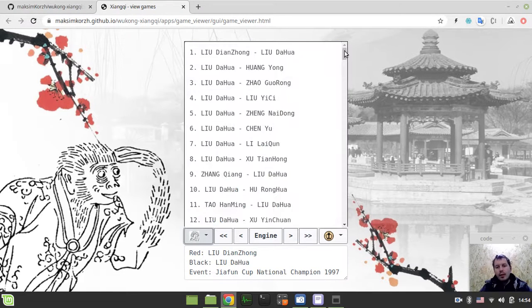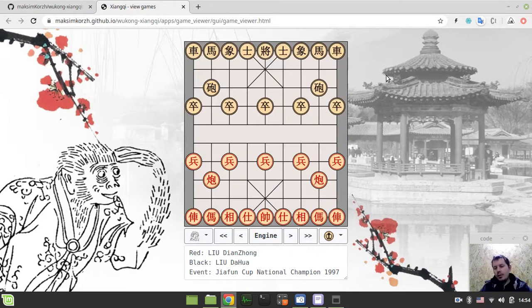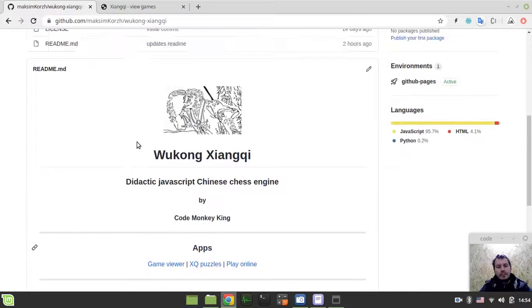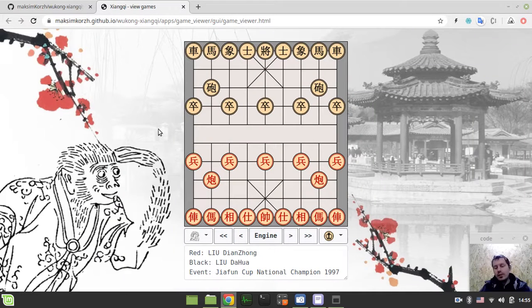So here I have bundled games by Chinese CNC Grandmaster Liu Dahua, and to make this possible, the biggest issue I had was the format of the PGN. My engine recognizes the so-called UCCI or ICCS format.